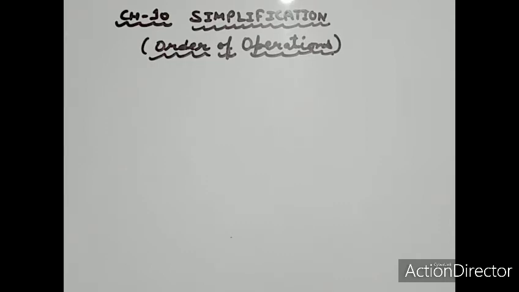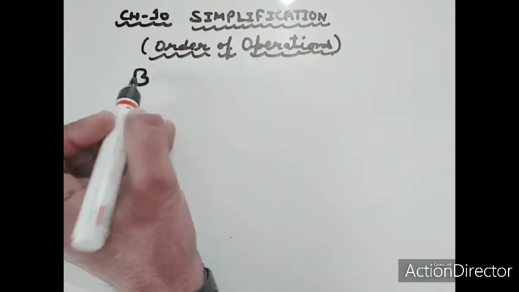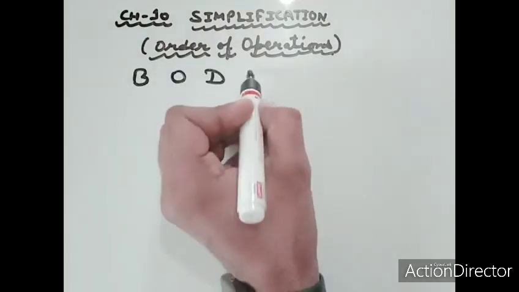So first we will discuss BODMAS. Now students, there is a proper sequence of all these operations in this chapter, and we follow the sequence and solve some questions related to simplification, chapter number 10. Friends, the sequence of all these operations is BODMAS.